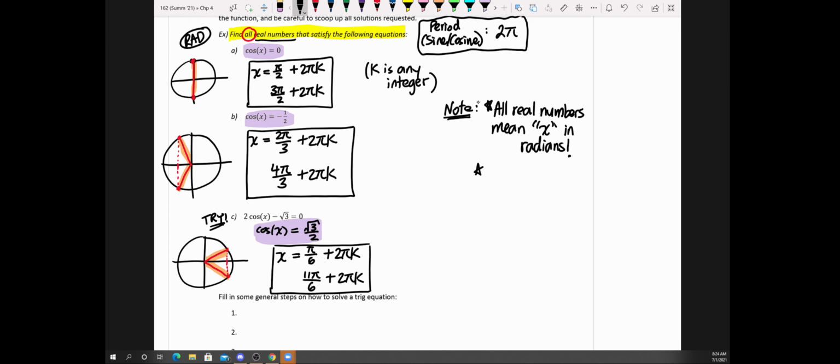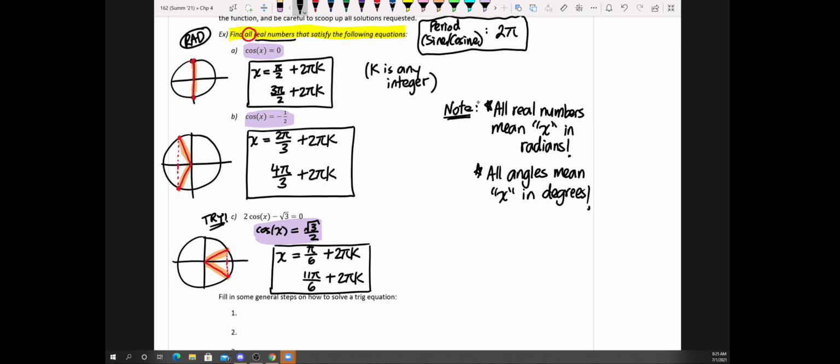When they say find all angles, it means x in degrees. And the instructions will specify.